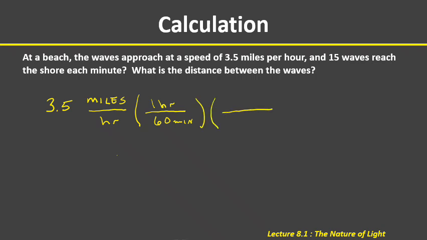And it's going to make our answer make a lot more sense if we also convert miles into feet. And 1 mile, of course, is 5,280 feet. Let's check our units. Hours cancel, and miles cancel. That's good.